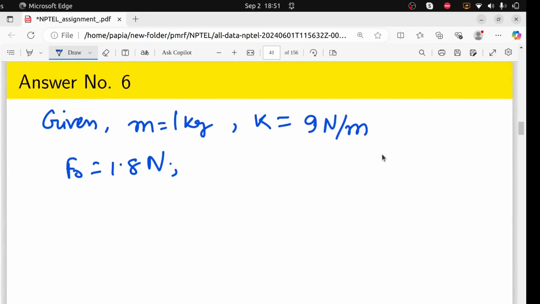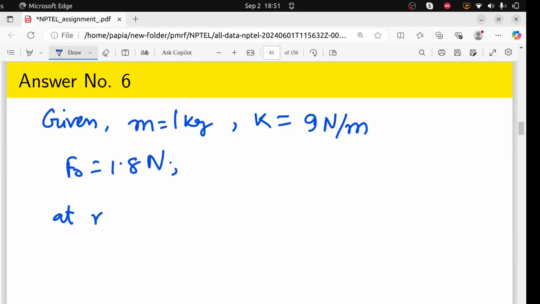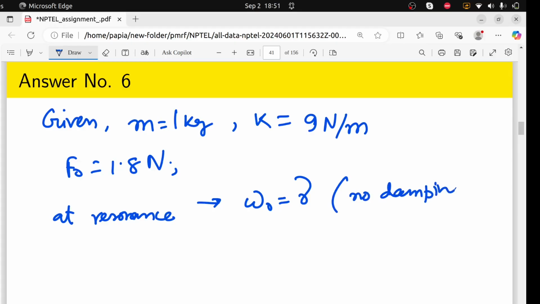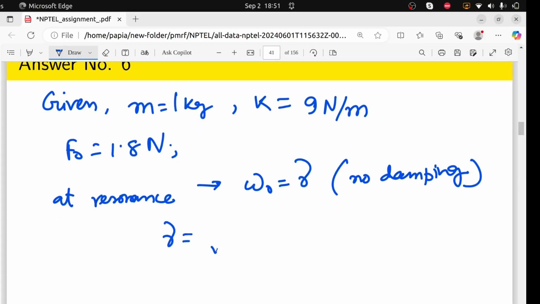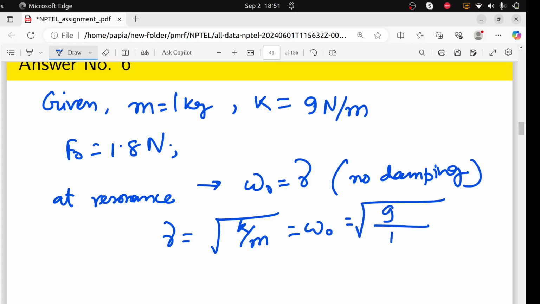Yes, so at resonance we all know that omega 0 is equal to gamma. No damping case is there, so we will not take care about the lambda value. So our gamma is root over k by m, which is root of 9 divided by 1, so it is 3.